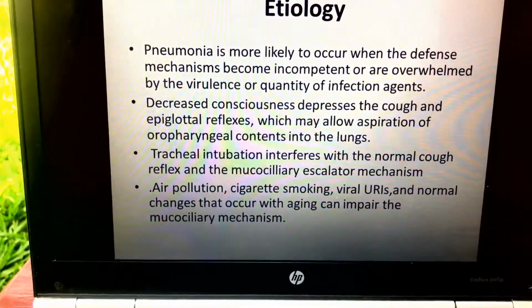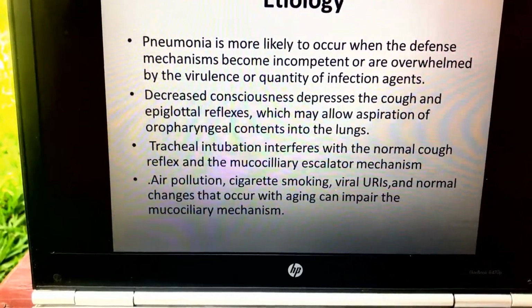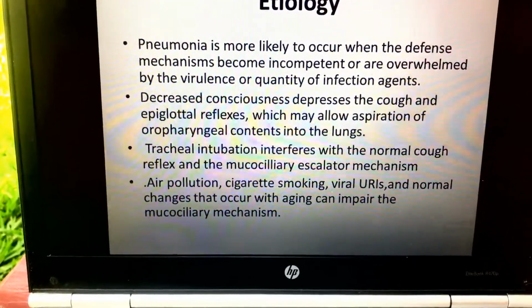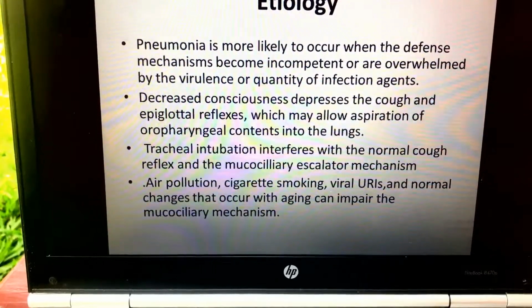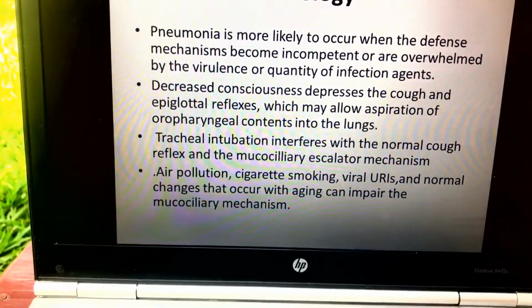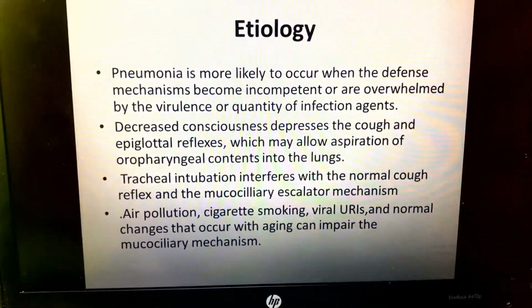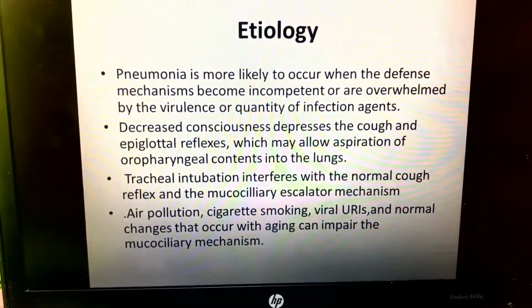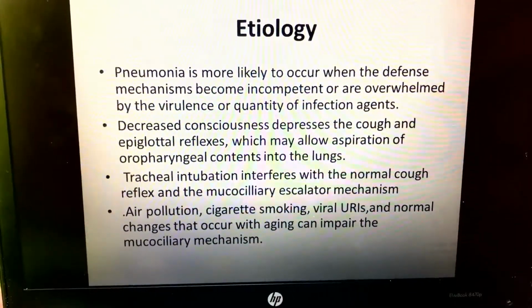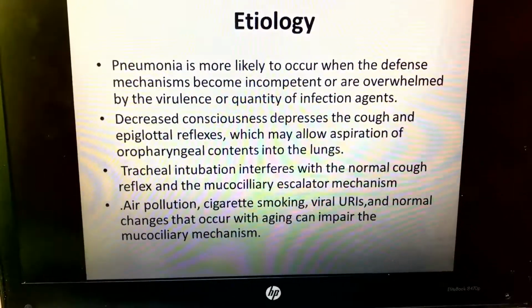Decreased consciousness depresses the cough and epiglottal reflexes, which may allow aspiration of oropharyngeal contents into the lungs. This is a very important point, of course, for the patient in an unconscious state. This state depresses the cough and epiglottal reflexes because the patient is not responding.